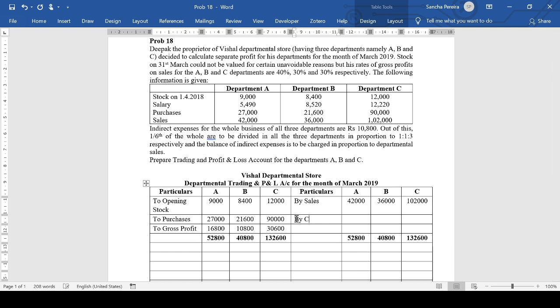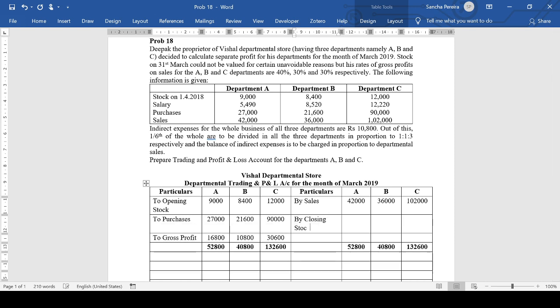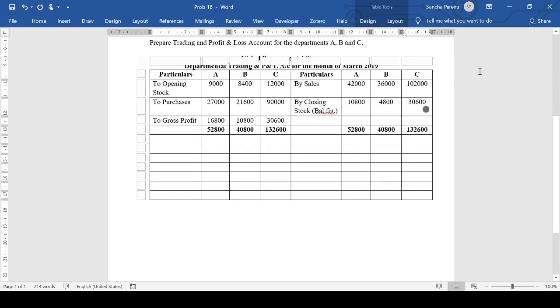So the closing stock is going to be the balancing figure: 10,800, 4,800, and 30,600. Now, please don't make a mistake. Don't bring this amount down. We still bring the gross profit down, but they told us what the gross profit is in advance so that we could calculate the closing stock.